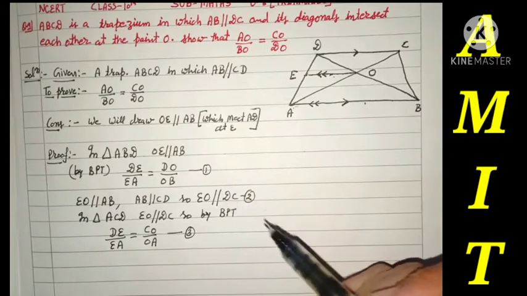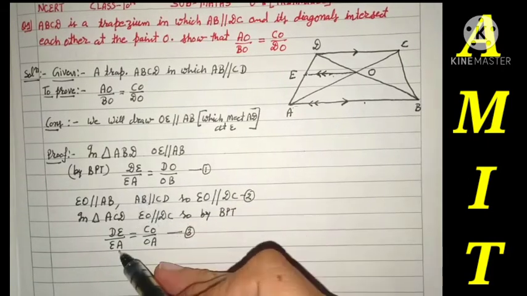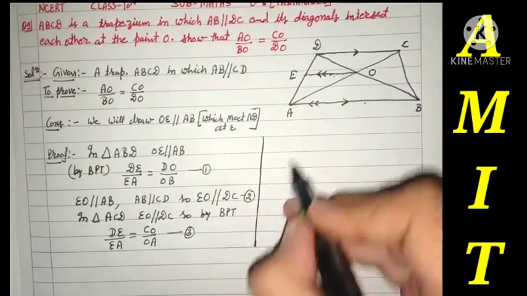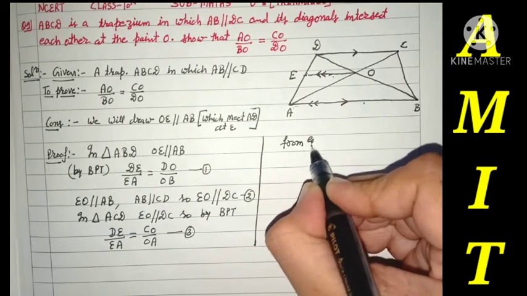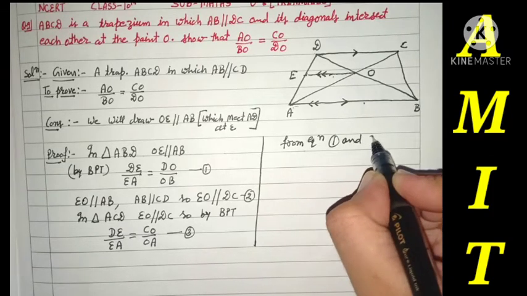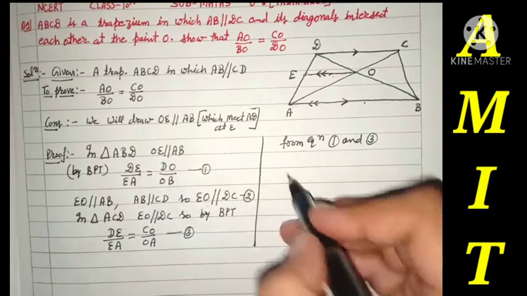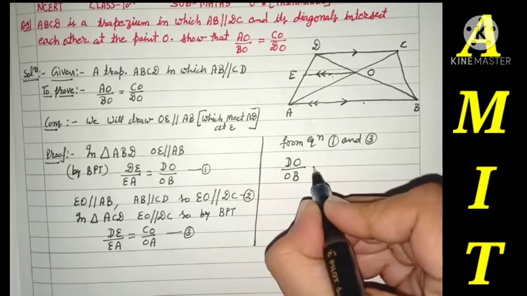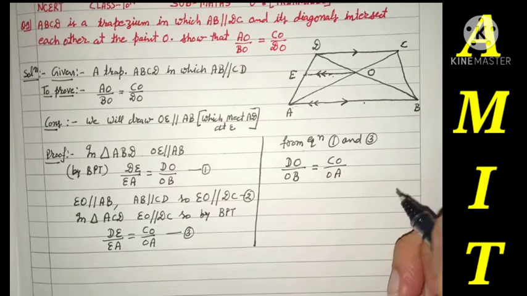Now if we compare equation 1 and 3, in equation 1 and 3 the LHS is same. So from equation 1 and 3 we got DO upon OB is equal to CO upon OA.